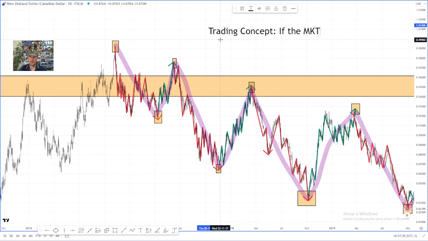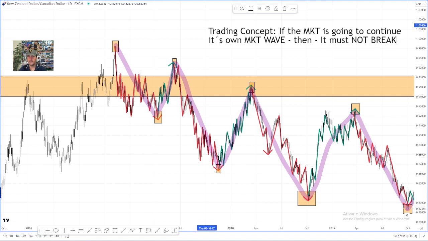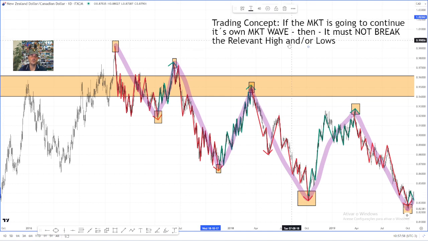If the market is going to continue its own market wave, then it must not break the relevant highs and or lows, depending on if you have a down market wave or up market wave. Alright?